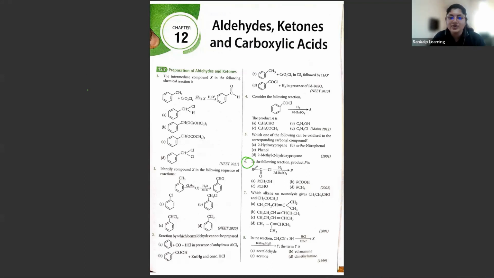Next is the sixth question. In the following reaction, the product P is, so they have taken an acyl chloride in the presence of hydrogen. So this is Rosenmund's reduction. What will be the answer? Rosenmund reduction is removing the oxygen and adding hydrogen.